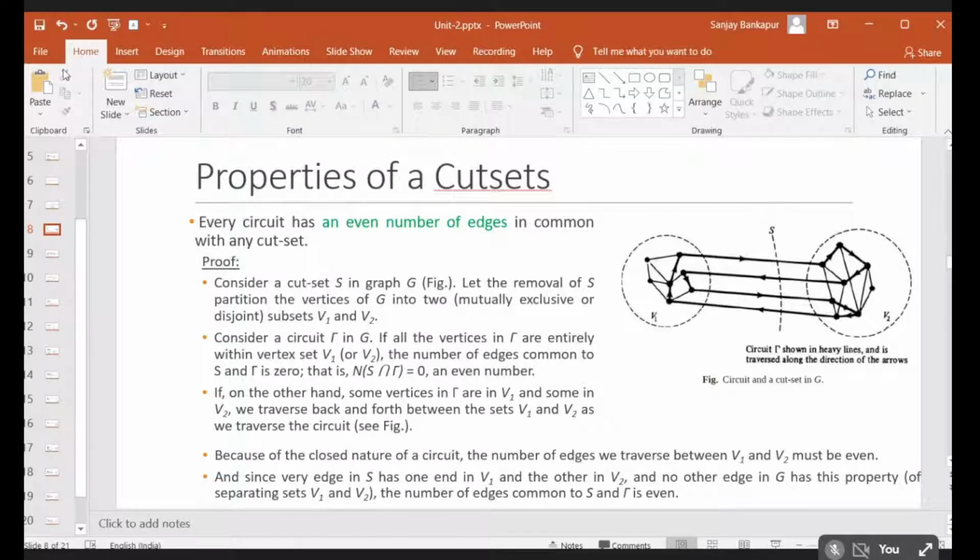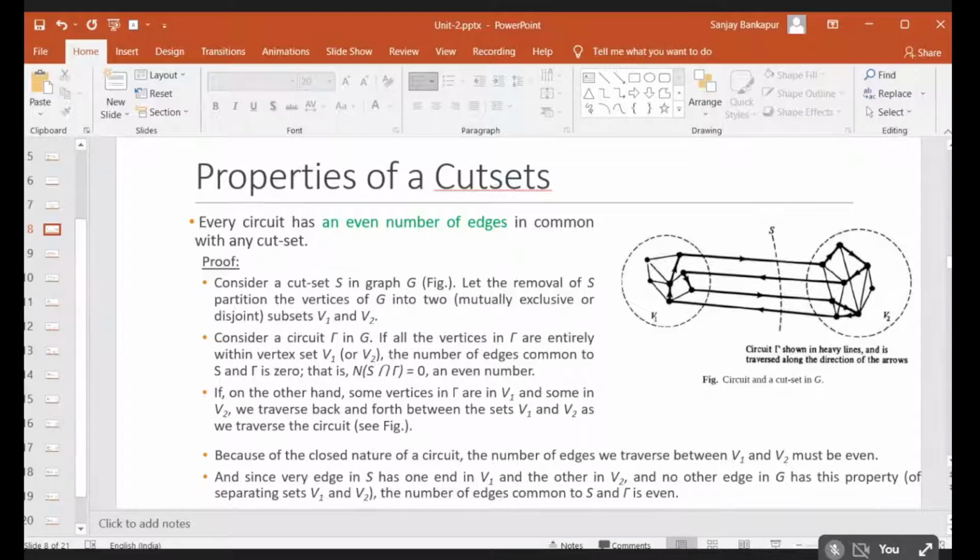Now, the first way of addressing this is that the circuit can be either completely in V1 or completely in V2. In this figure right now, it is sharing both: the circuit has vertices in V1 as well as V2.